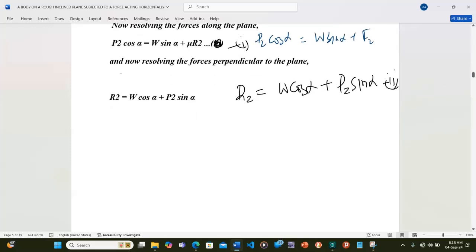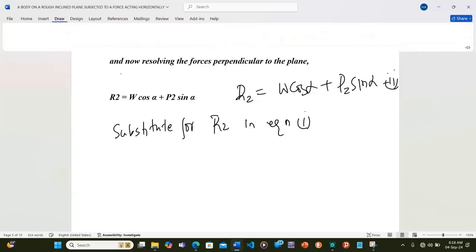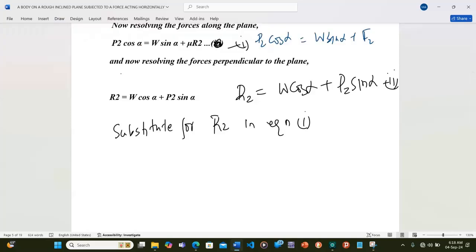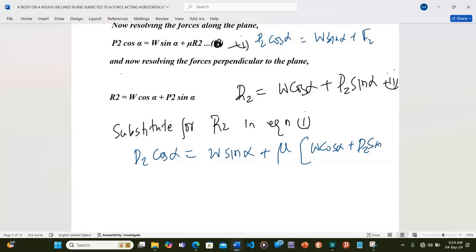So from here, R2 can be substituted in equation 1. What does that give us? P2 cos alpha equals W sine alpha plus nu R2, whereby R2 is W cos alpha plus P2 sine alpha.